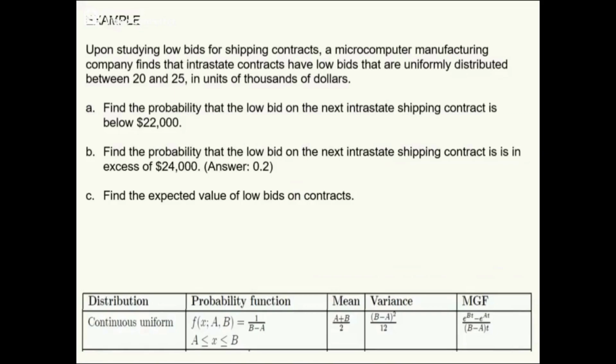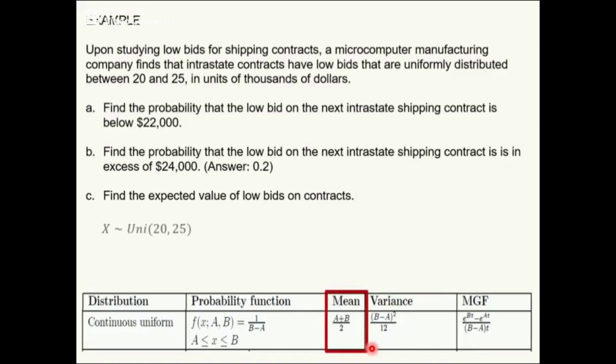Here is part B. I'm not going to do it here, but if you would like another practice example, you can try it in your own time, and the answer is 0.2. It's the same procedure as what I did before. I'm going to focus on C quickly. It's very straightforward. We just want to find the expected value. As I said, you will be given this in a test, so you just look for the formula for the mean.